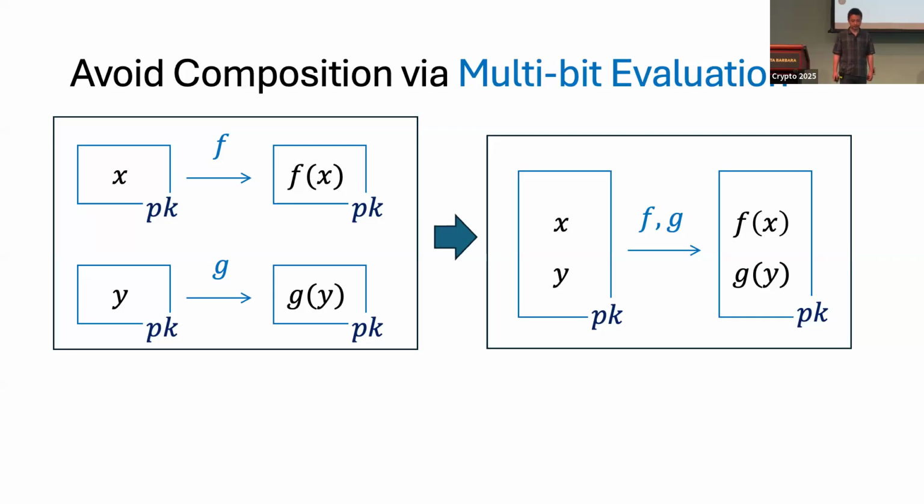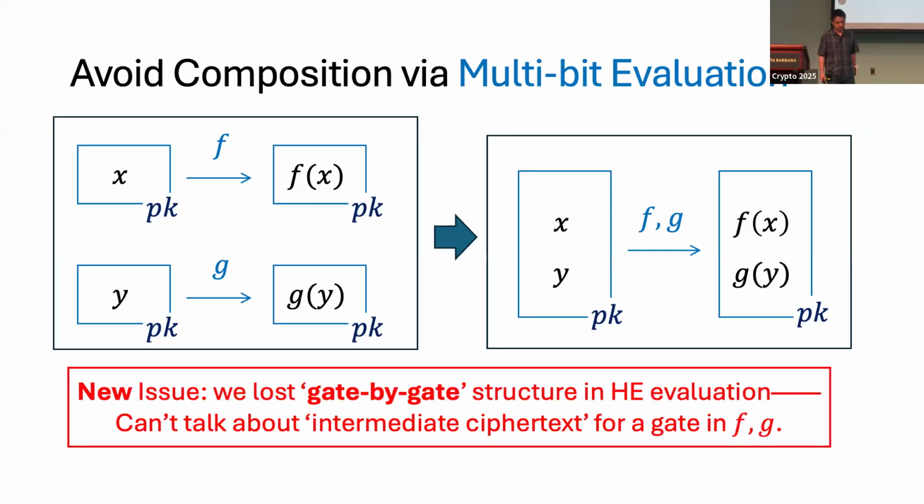And we evaluate this function f and g in one shot on this giant ciphertext to get the evaluated ciphertext fx and gy. So this solves the decryption correctness issue for multi-bit output for multiple functions.